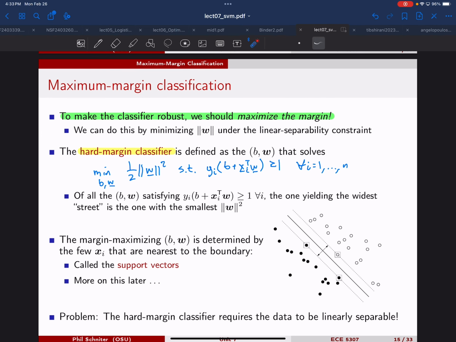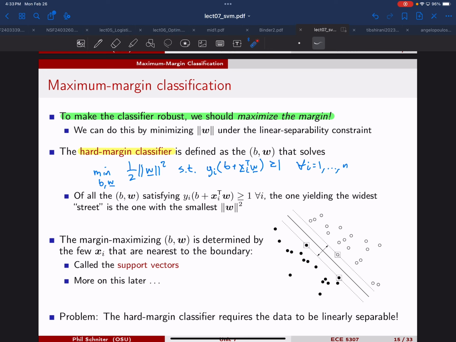Okay, so is everybody good with this hard margin classifier? This is going to do exactly what we want. If you solve this optimization problem on this data set, it will find this most robust line. And what's interesting is you can see graphically that it's only going to depend on those 3 training points.